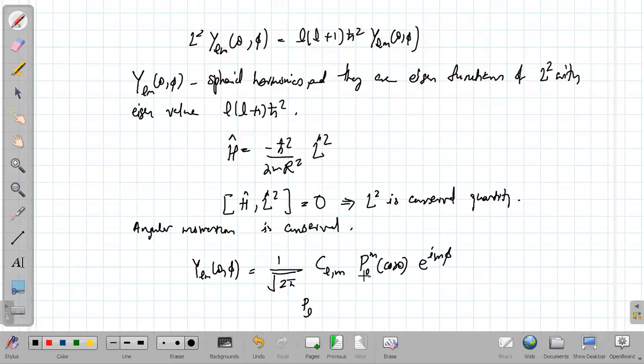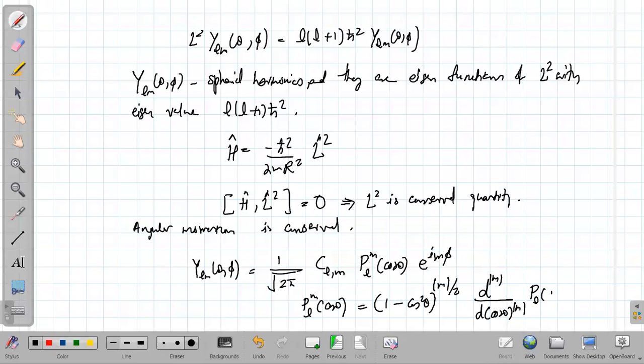So this P_lm(cos theta), by definition, is (1 minus cos square theta) all raised to mod m by 2, times the m-th derivative with respect to cos theta of P_l(cos theta). So this is the associated Legendre polynomial P_lm(cos theta), where P_l(cos theta) is called the Legendre polynomial.